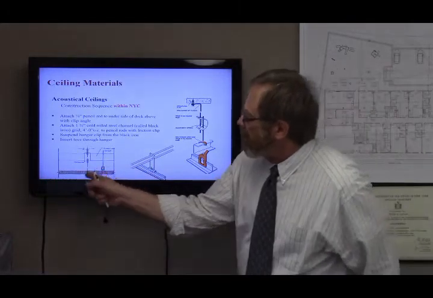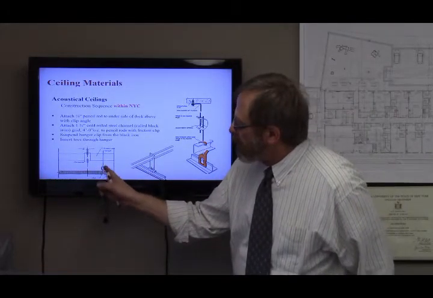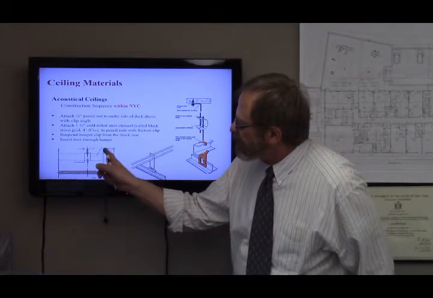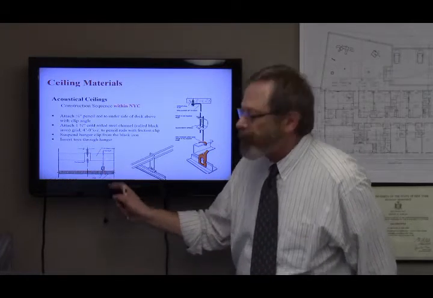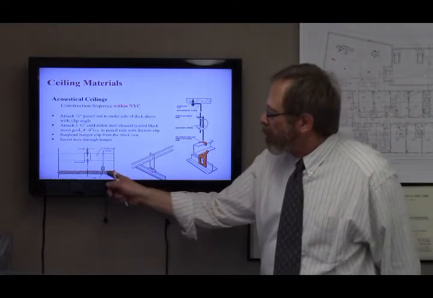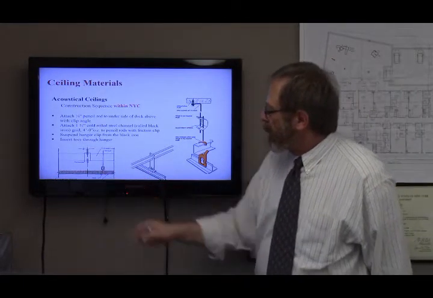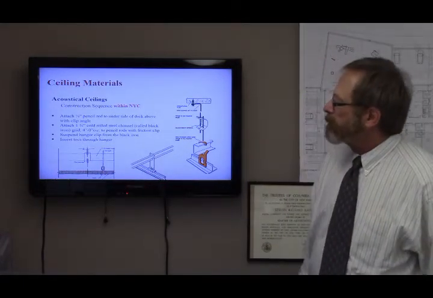Here you can see that T that I just showed you suspended from the hanger. Here's that T, and the ceiling tiles come from each side and sit on each side of that upside down T shape.